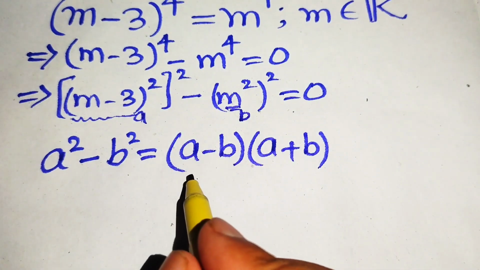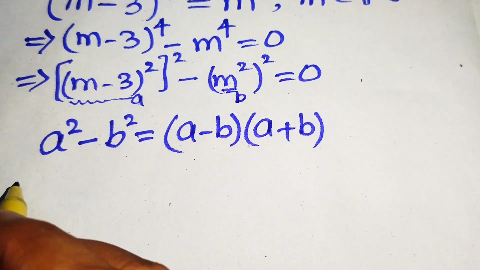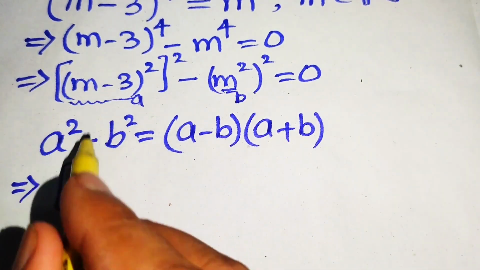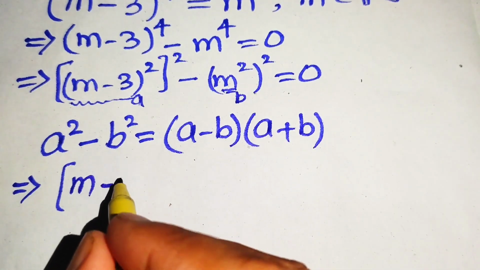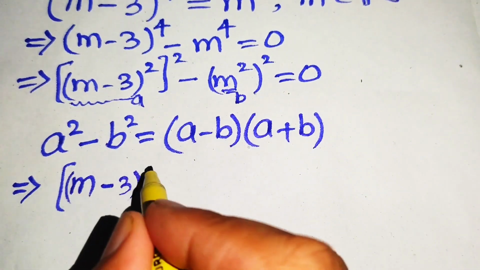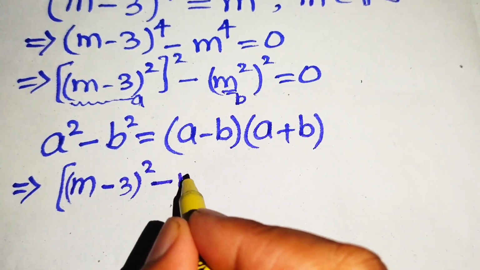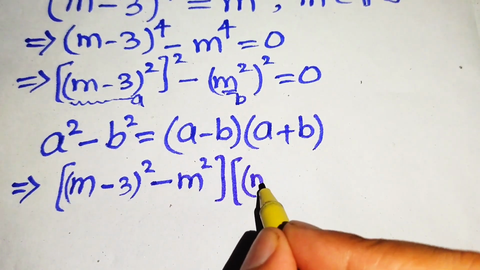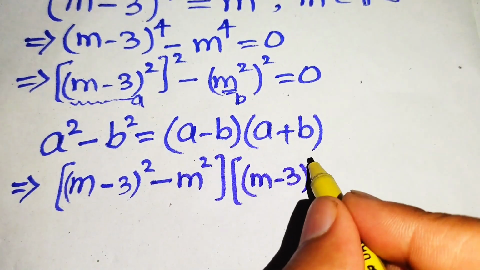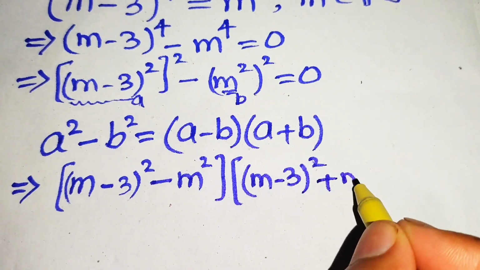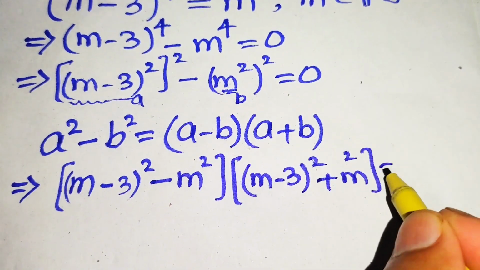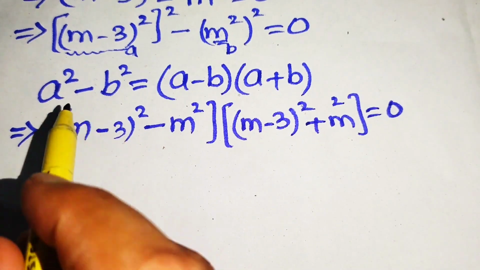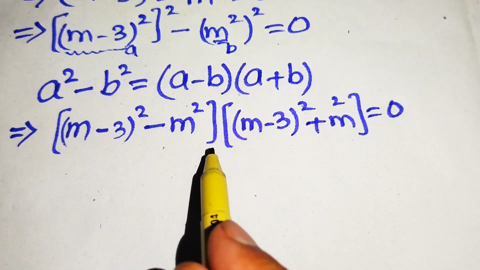When we use this formula, our term will be written as (a − b)(a + b), where a − b is (m − 3)^2 − m^2 and a + b is (m − 3)^2 + m^2, and this whole equation equals 0.